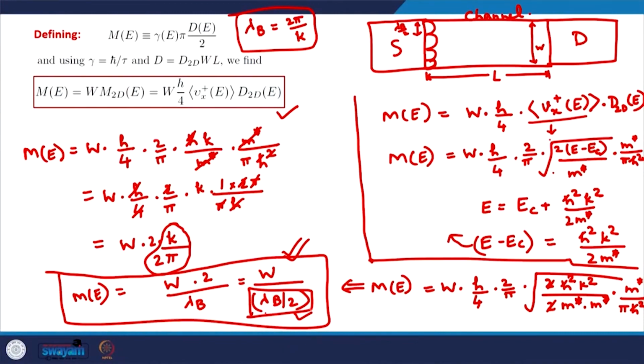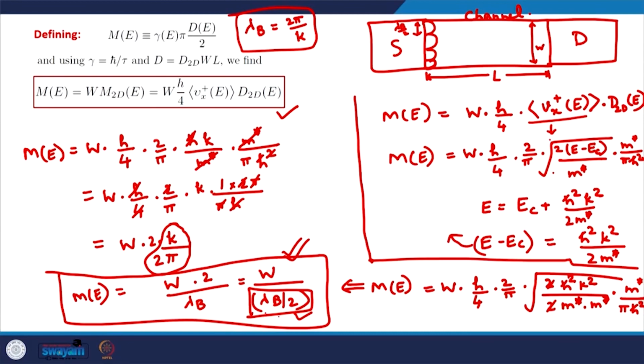But while the electron travels, because of the finite lifetime, it leads to energy broadening of levels. In other words, the electron behaves like a classical particle that needs space of around lambda b by 2 while traveling through the device.